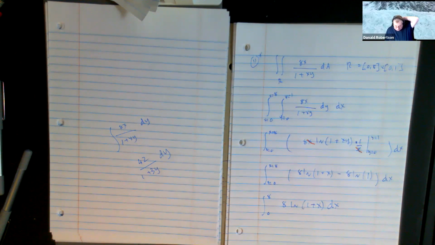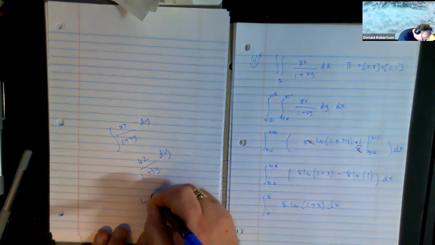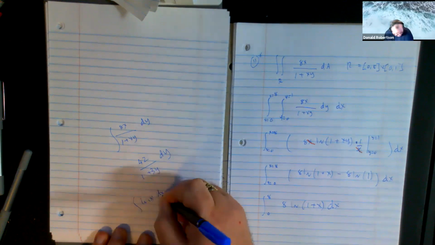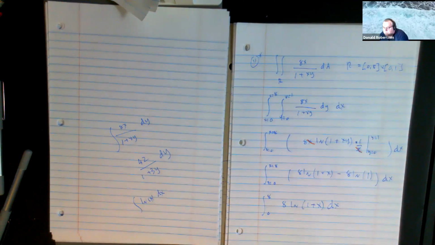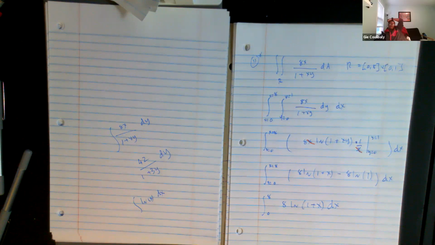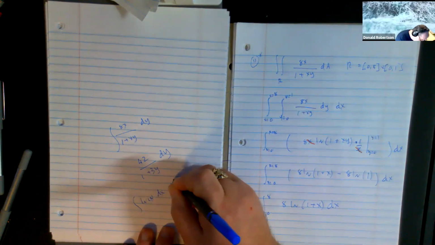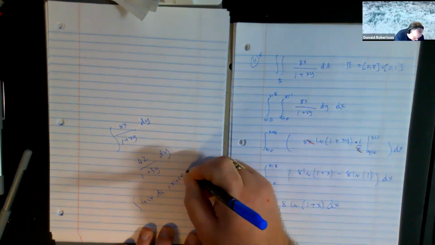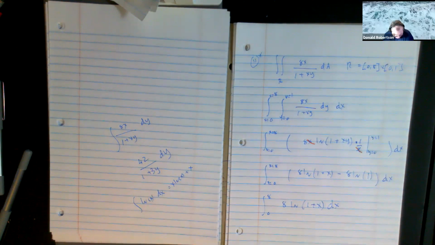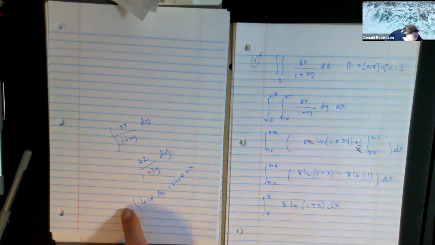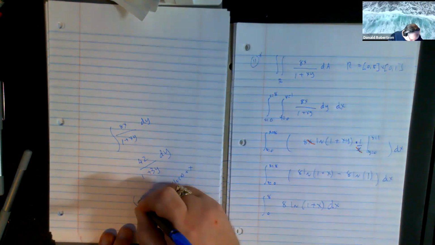I know this says 1 plus x, but how do you find just the natural log of x, which is a simpler version of it? What technique would you use to find the natural log of x? Integration by parts. Yeah, if you did, you would eventually get x log x plus x. Now, it's not log x, it's 8 of them.